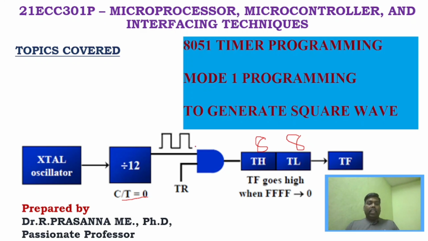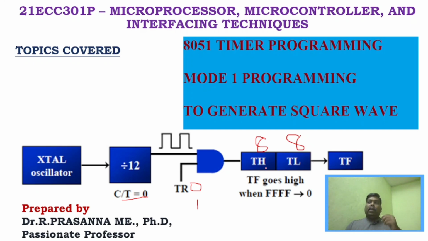So we'll get the internal oscillator signal here, and we will use TR0 or TR1. If you are using timer 0, then it will be TR0, and if it is timer 1, we'll use TR1. And for every clock pulse, what will happen? It will increment this particular register.